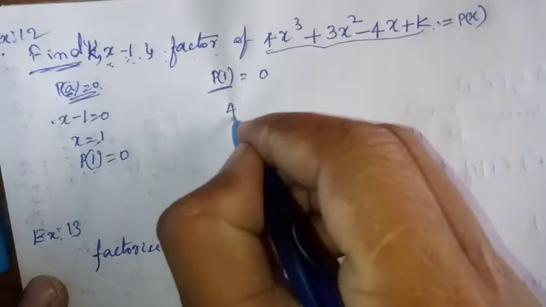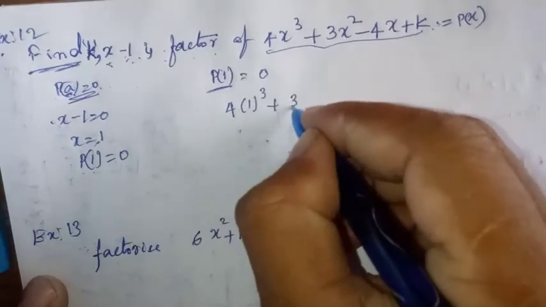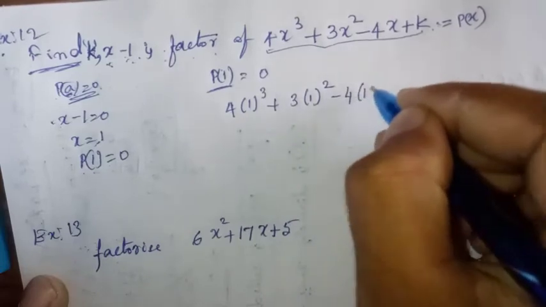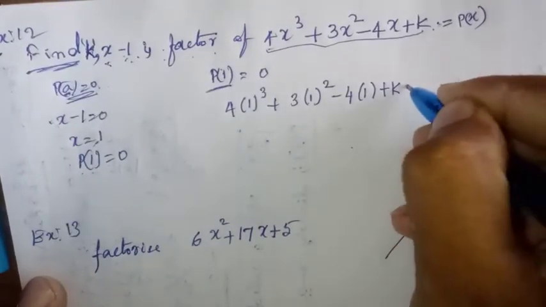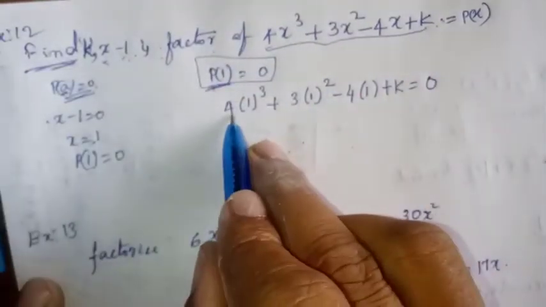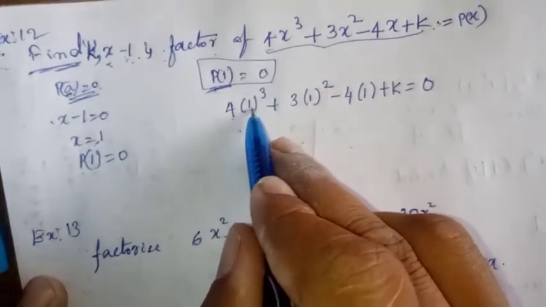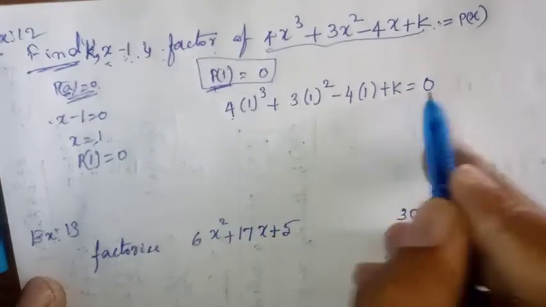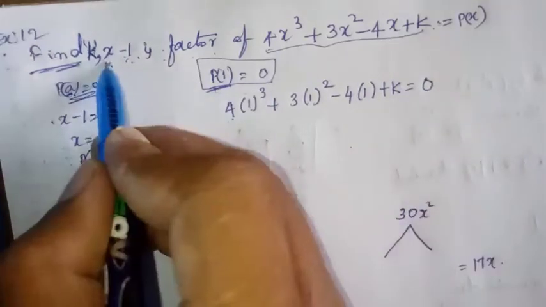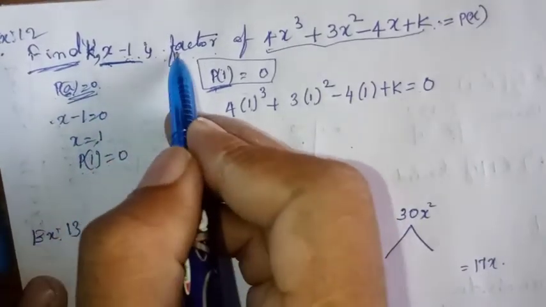Now see here, 4 into the value of x, 1 cube, plus 3 into 1 square, minus 4 into the value of x, plus k equals 0. Yes or no? Now we substitute the value of x, that is 1. So p of 1 should be equal to 0. Why should it be equal to 0? Because in the question it's given x minus 1 is a factor.